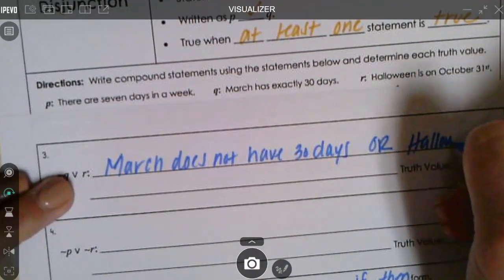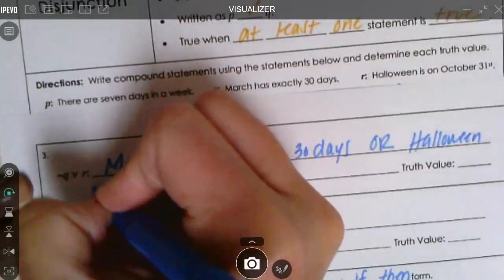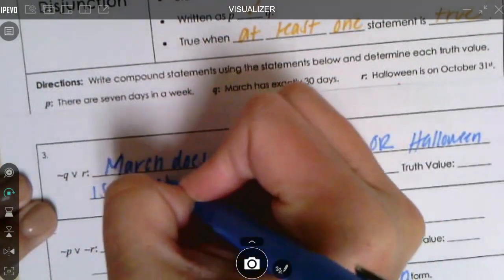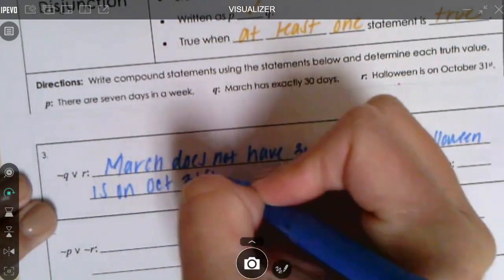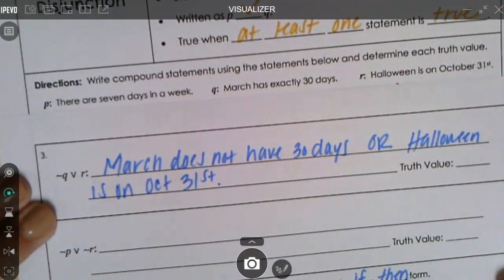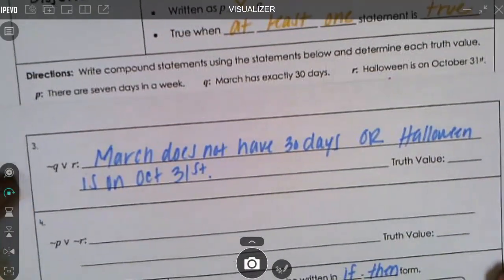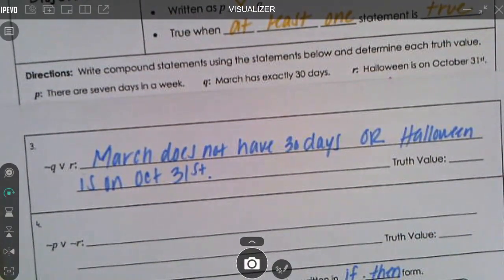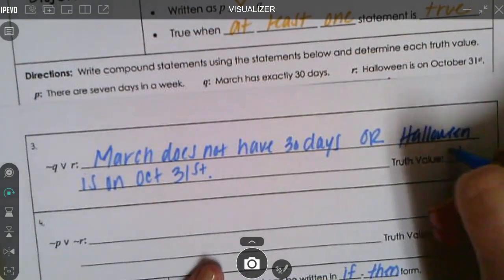Halloween is on October 31st. And remember, when you use the word or, only one of those statements has to be true for this to have a truth value of true. So March does not have 30 days or Halloween is on October 31st. That is true.